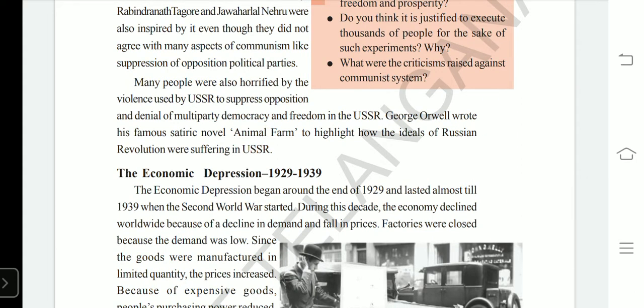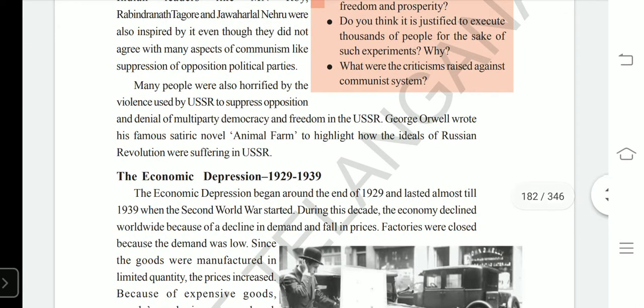Multi-party democracy is very important, but this was not allowed in Russia. And there was no freedom for the people also. Such a dictatorial rule was set by Stalin.